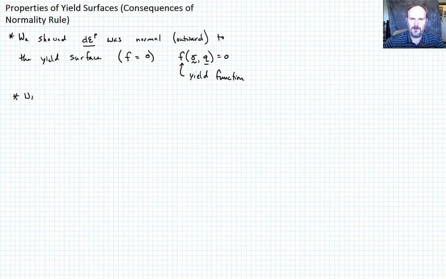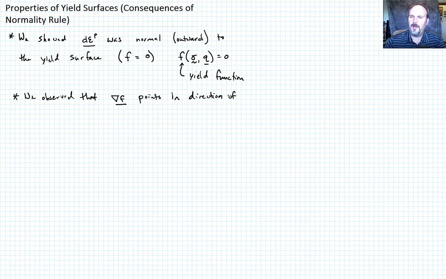We observed, I think I stated without proof, that the gradient of f, that vector, points in the direction of the outward normal of f.